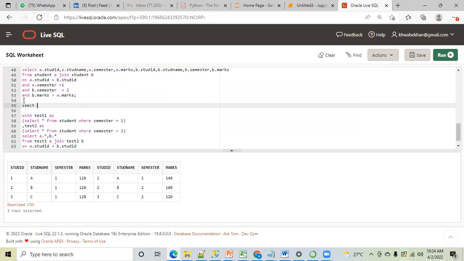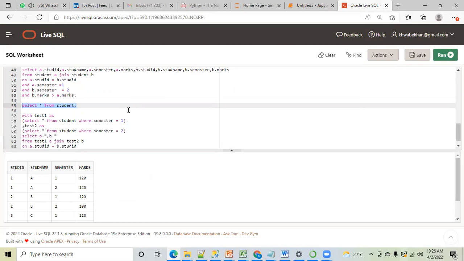Same question I'm trying to explain with the help of a CTE, because last time when I taught CTE that was not clear. But believe me, once you start working on complex queries, you will think that CTE is very useful.